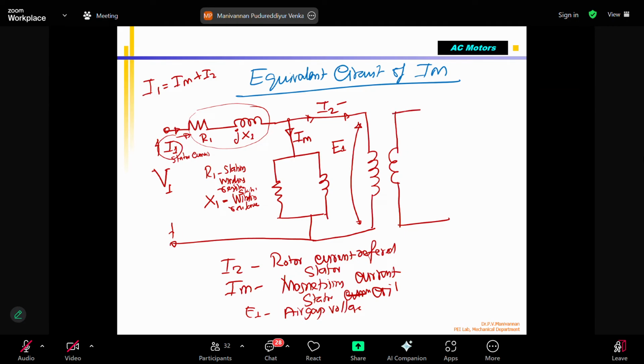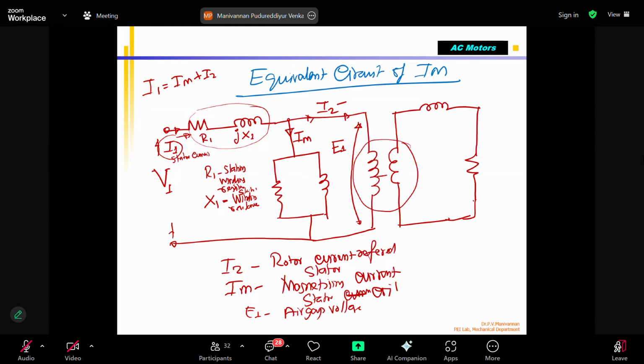Please note that this is equal to a transformer, correct? Just for understanding purposes, the voltage E1 is applied in the stator winding.